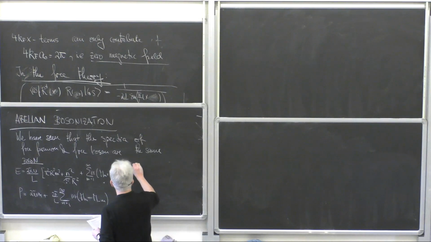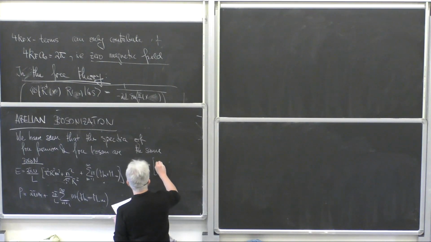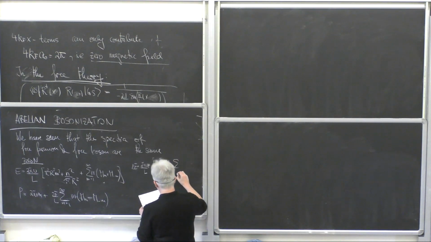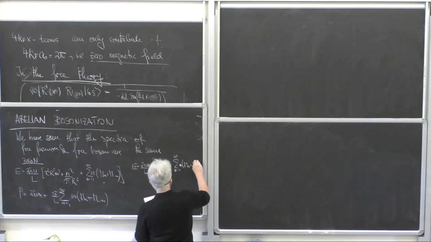So here we had E minus E ground state was 2 pi v_F divided by L, M squared over 4 plus N squared, plus the sum over m equals 1 to infinity, m times a plus m a minus m.